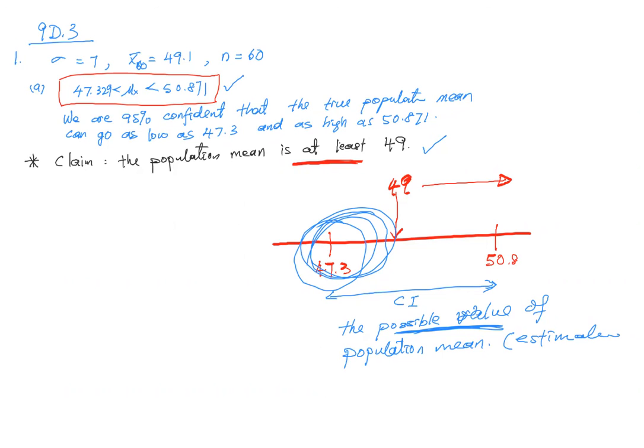We have sufficient evidence to reject the claim that the population mean is at least 49 because the lowest possible predicted population mean is 47.3, which is less than 49. Okay? So now you have to look at the claim. Don't just keep saying within.